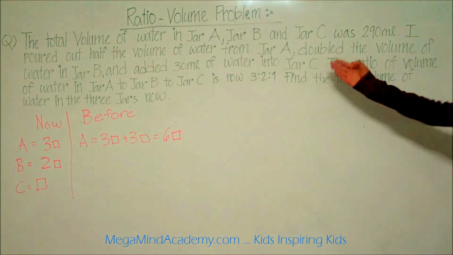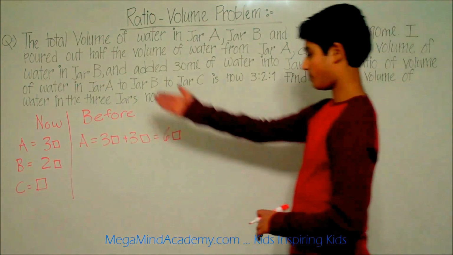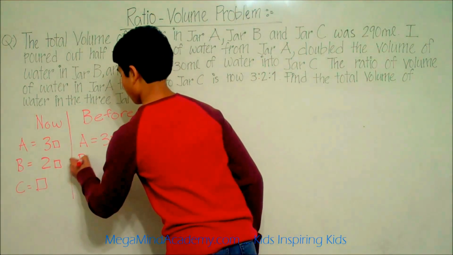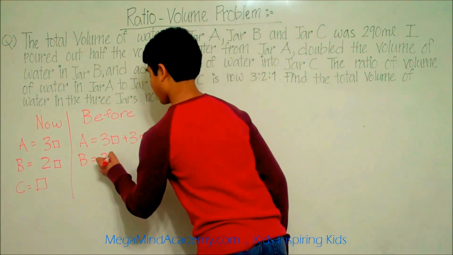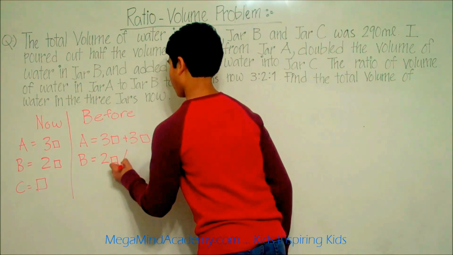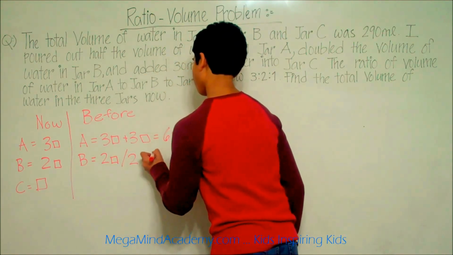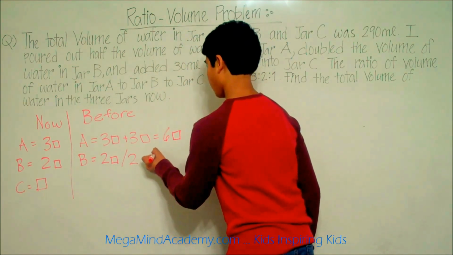Now we know that she doubled the volume of the water in jar B. So in jar B, before she doubled the volume of the water, she had 2 units, which is the doubled amount, divided by 2, which is equal to 1 unit.